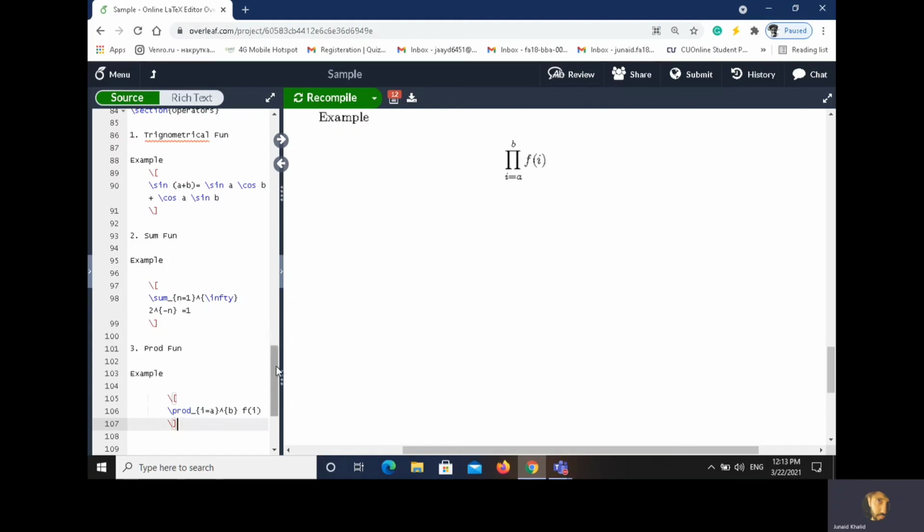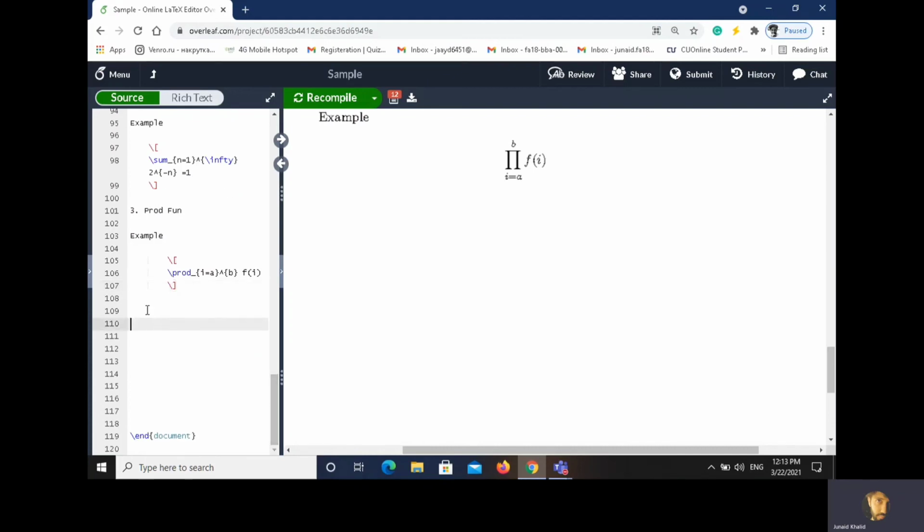And in the last we are going to use the limit function, limit function example. Let's compile.